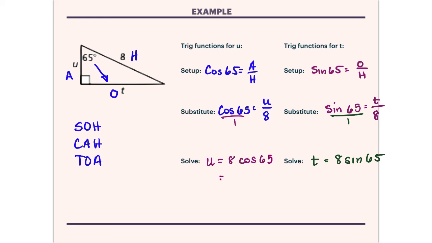Getting about 3.38, we'll call it. And then 65, and we will take the sine of it and take that times 8. And that gives me about 7.25. And we are done.